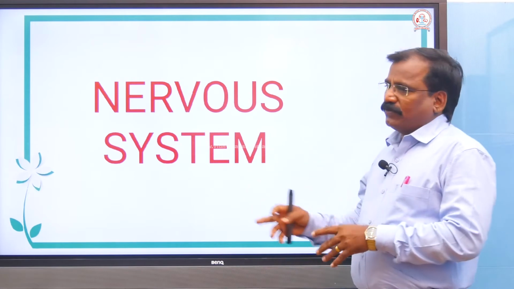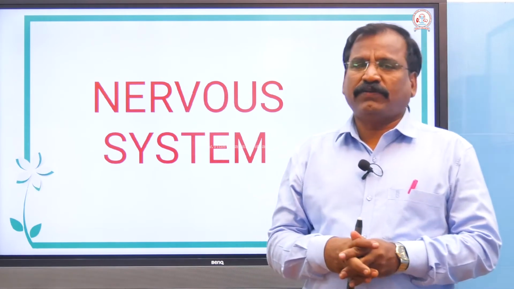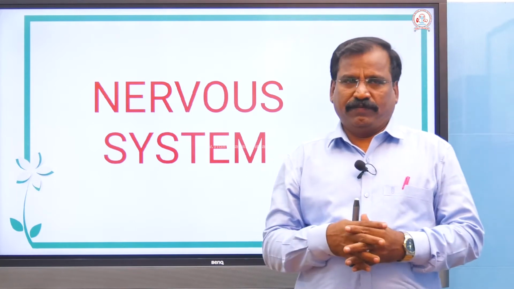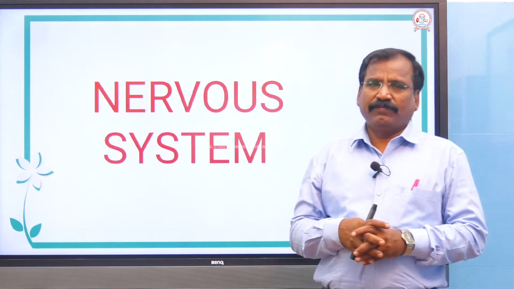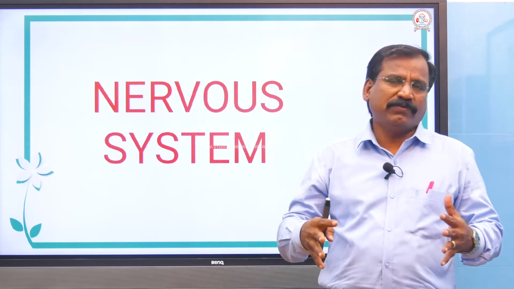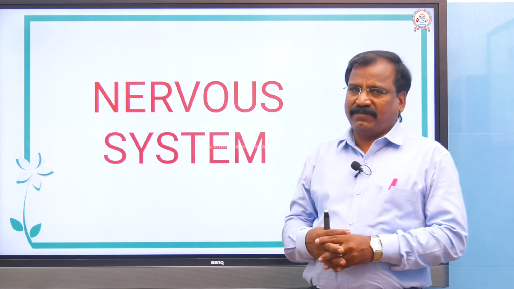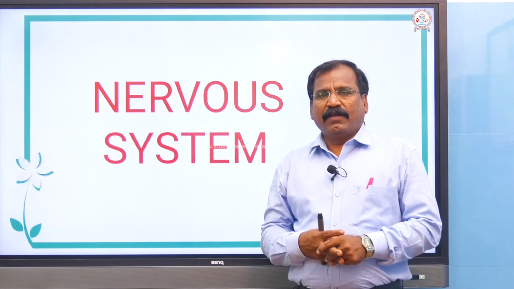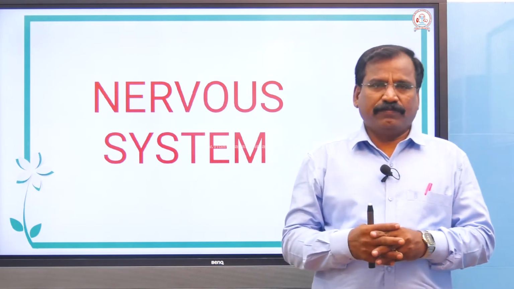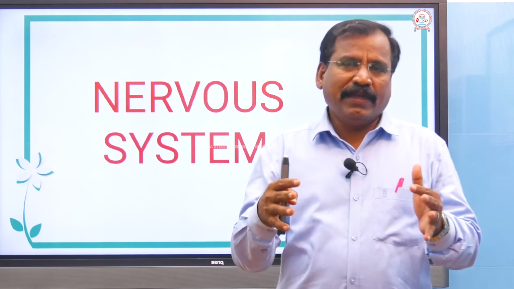You know that the function of the nervous system is the control and coordination of the various functions of the body. It controls the function of various organs and organ systems. Coordination means maintaining integration.